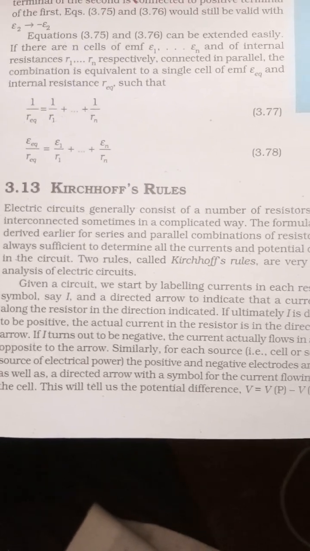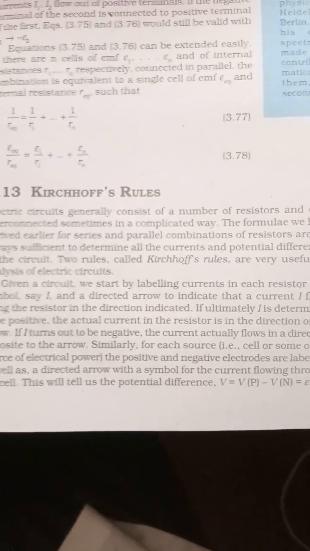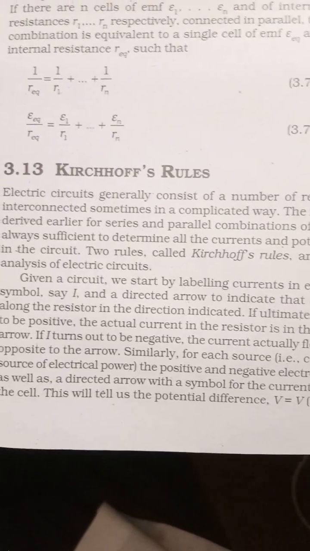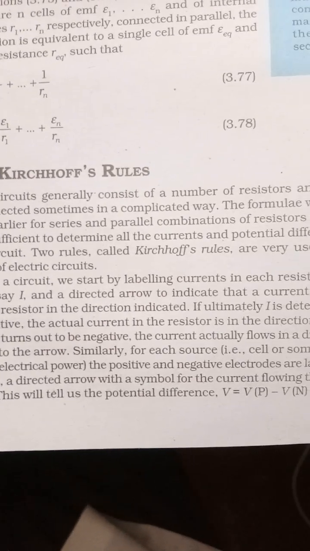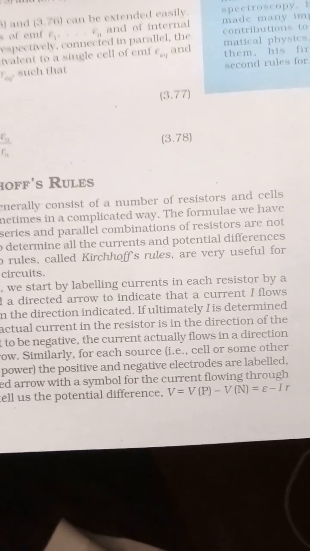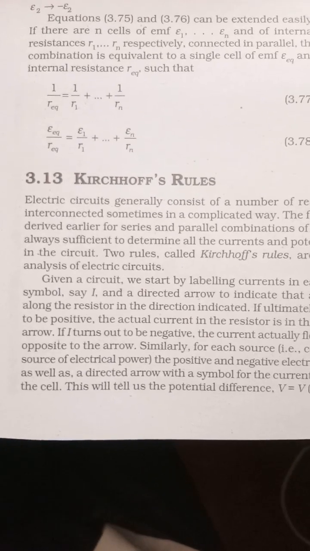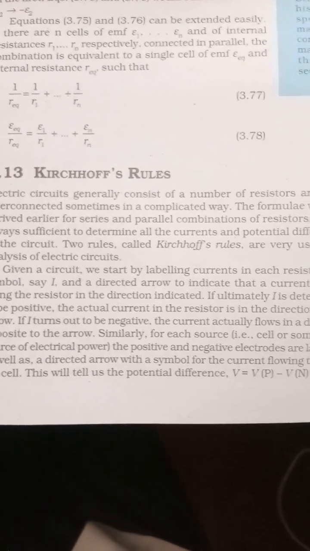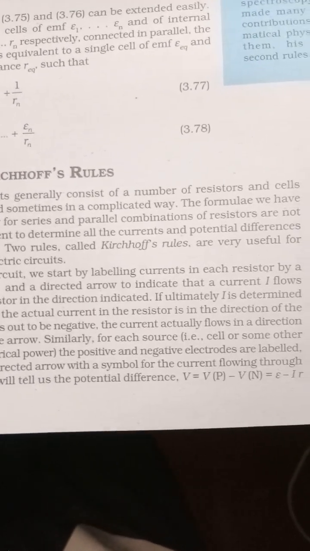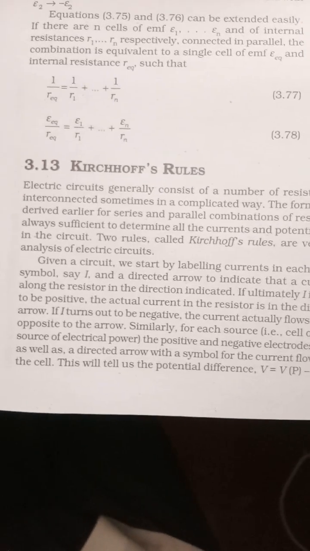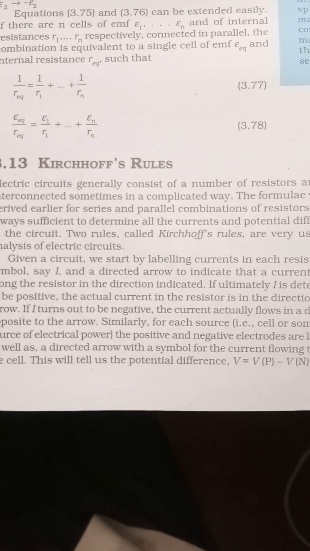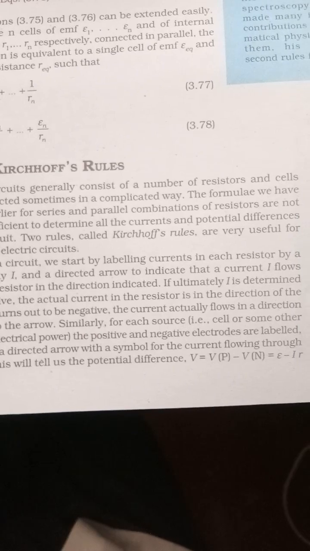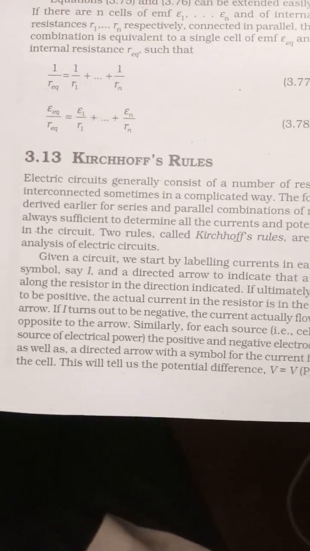Given a circuit, we start by labeling the current in each resistor by a symbol, say I, and a directed arrow to indicate that current I flows along the resistor in the direction indicated. If ultimately I is determined to be positive, the actual current in the resistor is in the direction of the arrow.